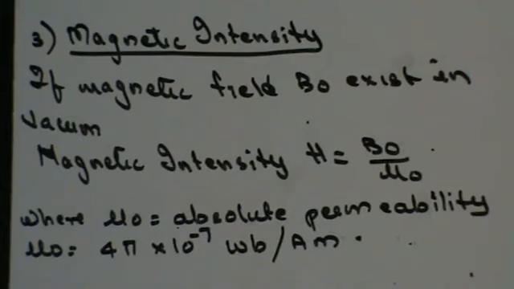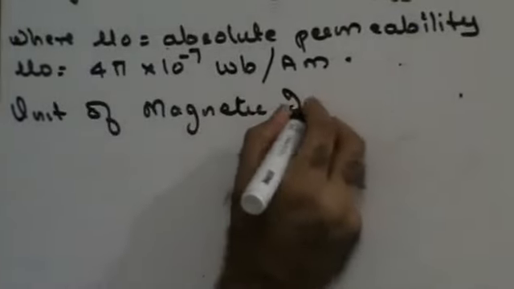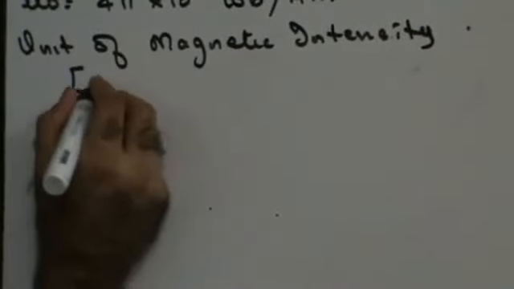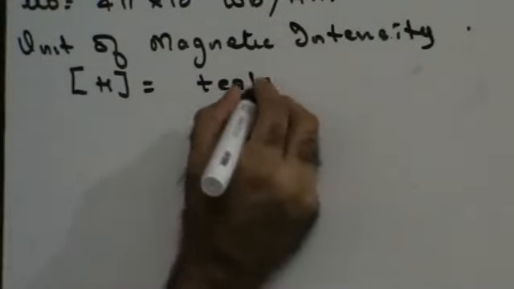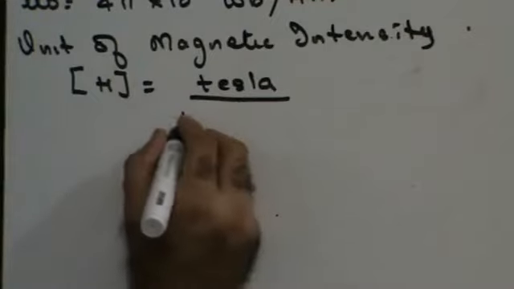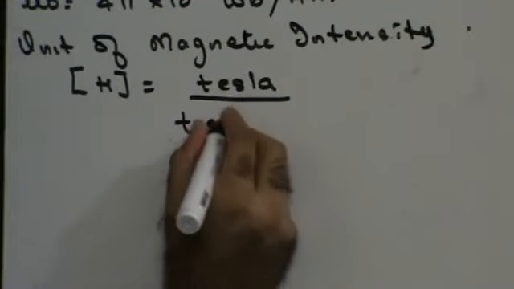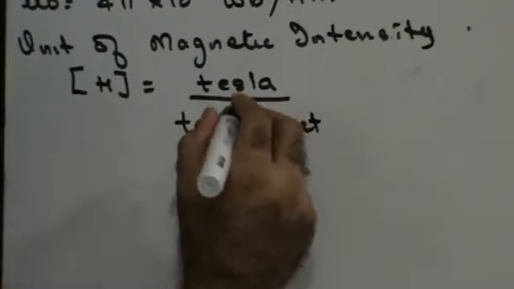Now, let's try to find out the units. I already gave you this. This is Webers. Let's find out the SI unit of magnetic intensity. The unit of H is going to be magnetic field, which is Tesla, divided by mu 0, which is Tesla meter per ampere.